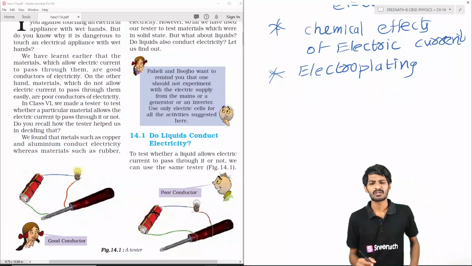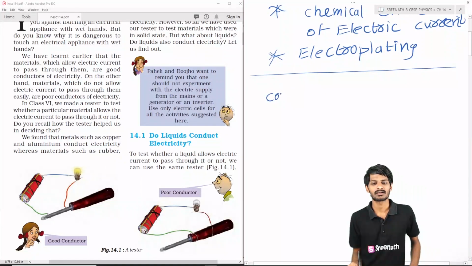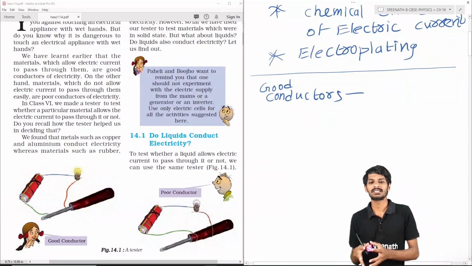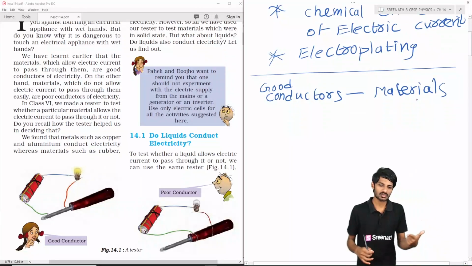What is our previous knowledge? There are good conductors. Good conductors are nothing but materials which allow current to pass through them.